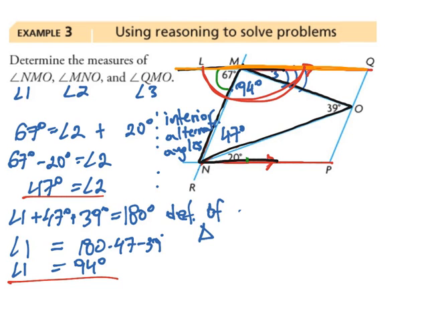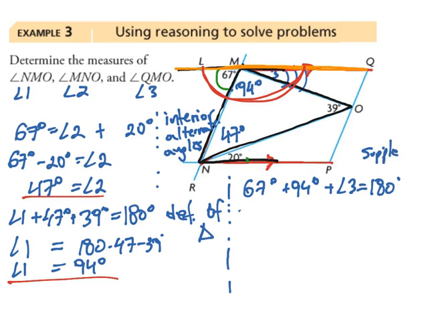So we know that 67 plus 94 plus angle 3 is equal to 180. And that's called supplementary. Now we could solve for angle 3 by going 180 minus 67 minus 94. Therefore, angle 3 is equal to 19 degrees.